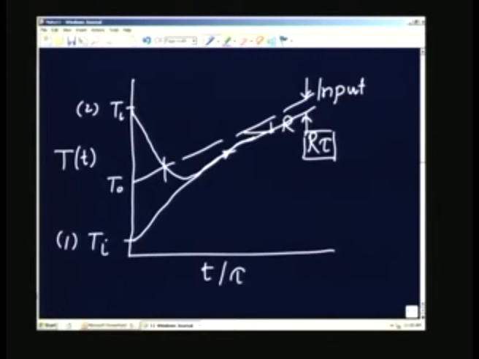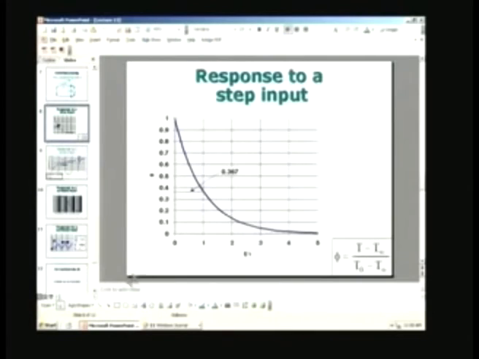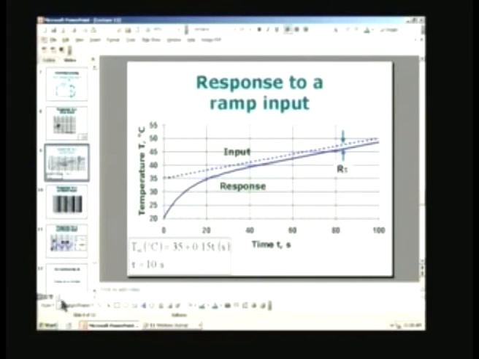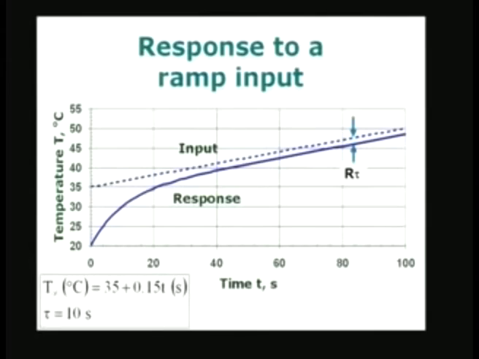Okay, this is the general behavior you are going to see, and I have made a plot for a particular case. In this slide, I have taken T infinity, which is in degree Celsius, given by 35 plus 0.15 T, where T is in seconds.